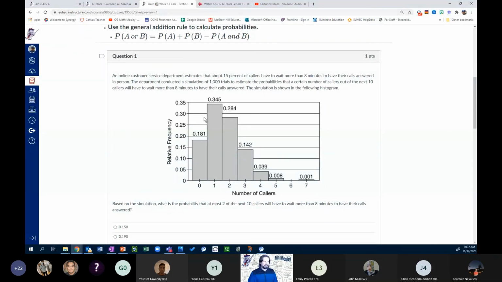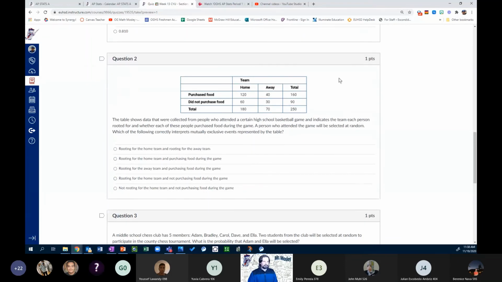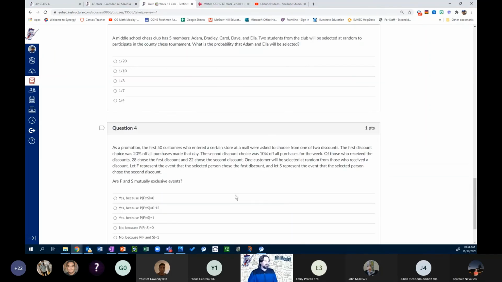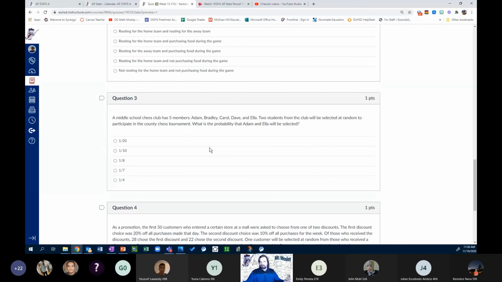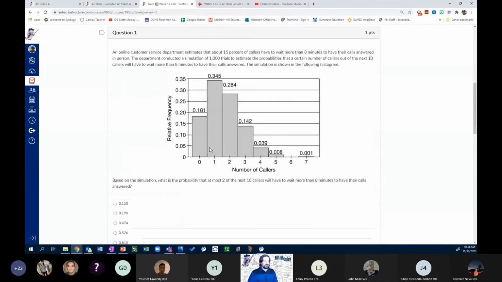The numbers listed up here are the probability of each of the outcomes individually. So a two-way table problem. This is like the choice process we just did. And this has to do with understanding that new notation and mutually exclusive events. These are just multiple choice. There is no typing of an answer or anything, so it should be relatively straightforward.